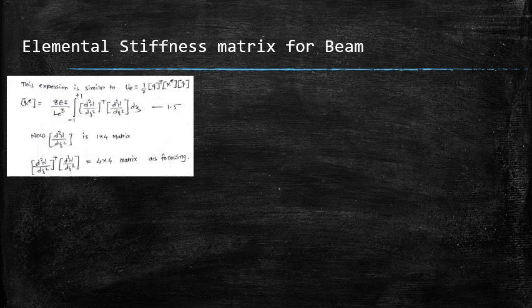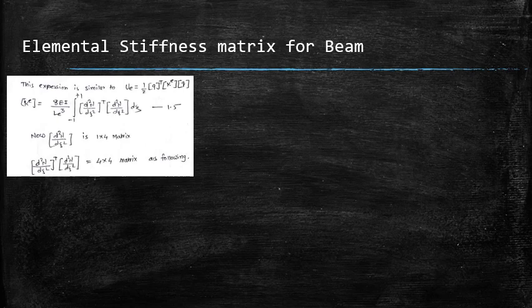Here this expression is similar to Ue is equal to half q transpose Ke into q. If you look at the strain energy stored by a spring, how do we write it? Half K into q square, where q is the displacement of the spring.